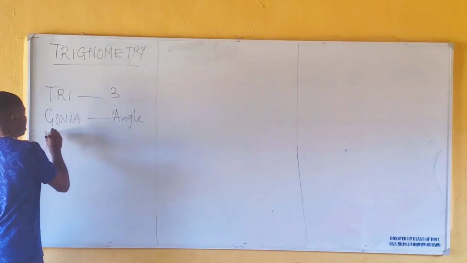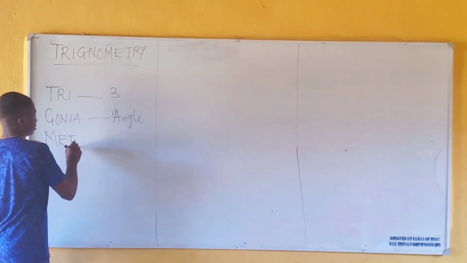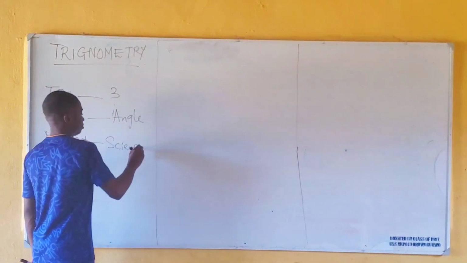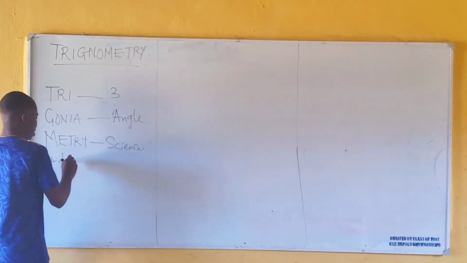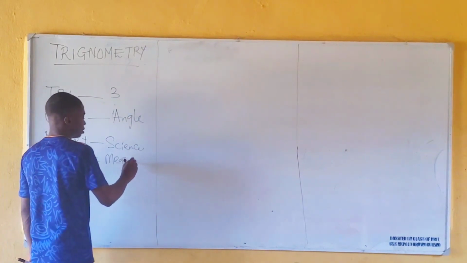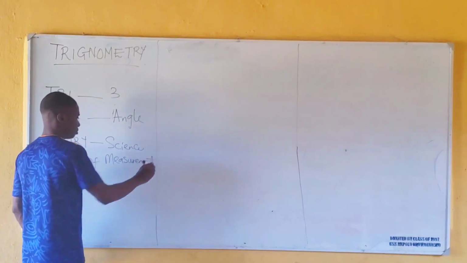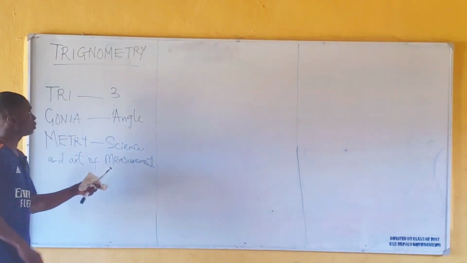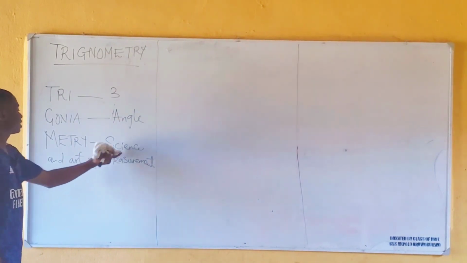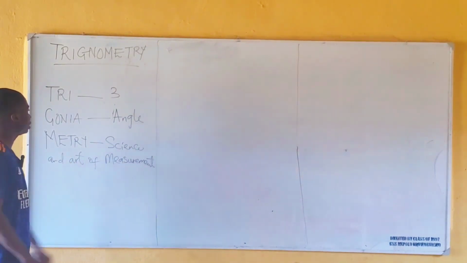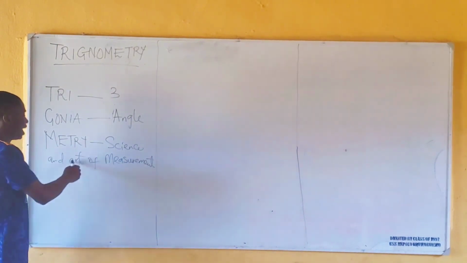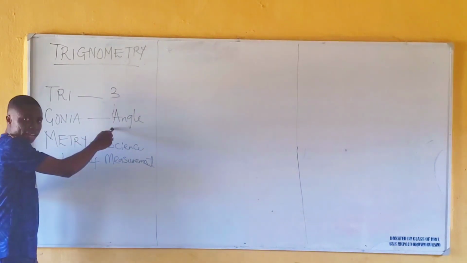And then metry means science and the art of measurement. So from this we can define trigonometry. Trigonometry can be said to be the science and art of measuring triangle.